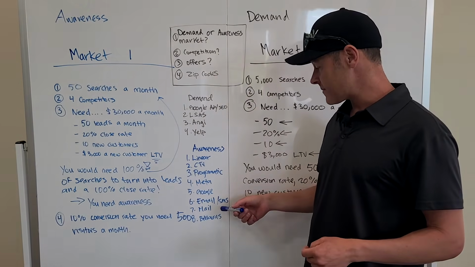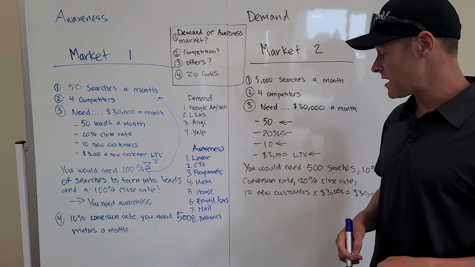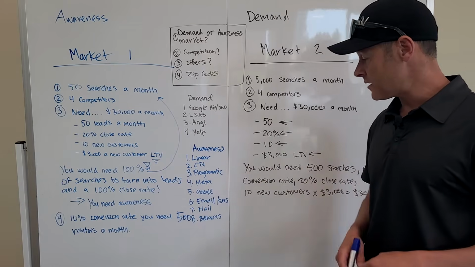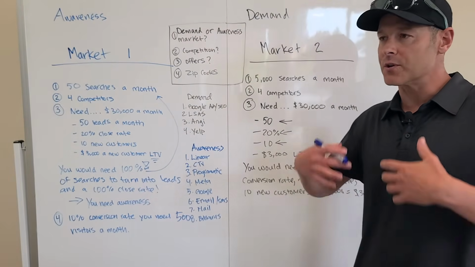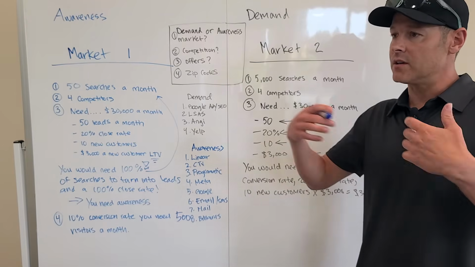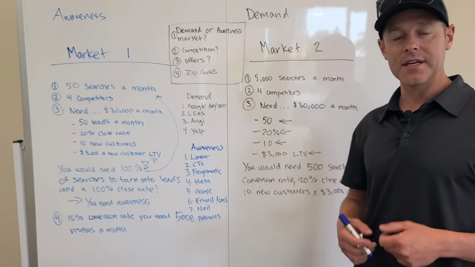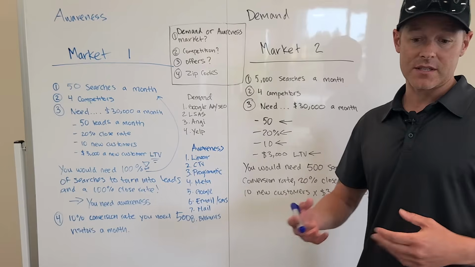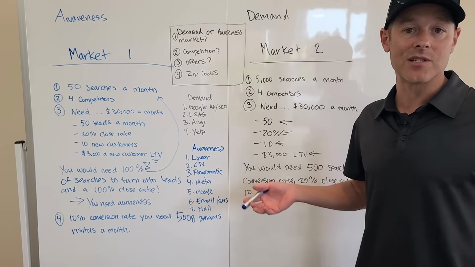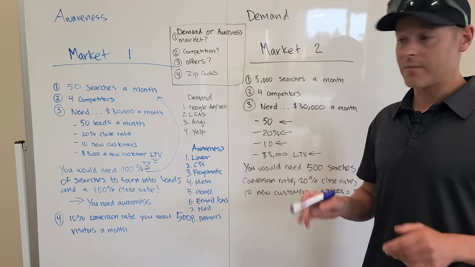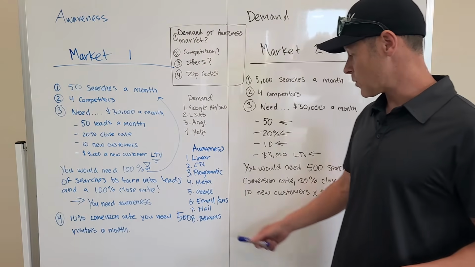Email lists and SMS, sending out blasts around the offers that you have, direct mail, still a fantastic way to get awareness out. If you're in a rural area or if you're doing a local event in a certain area, direct mail, this comes into somebody's home, you open it up, you see it in your hand, you make a decision. Do I care about this or not? Direct mail, still a great thing to do. And then of course, billboards.